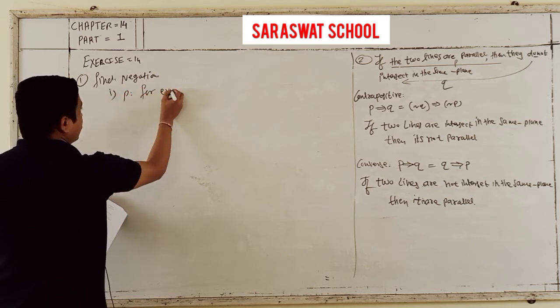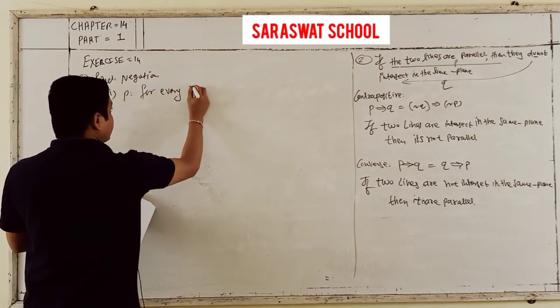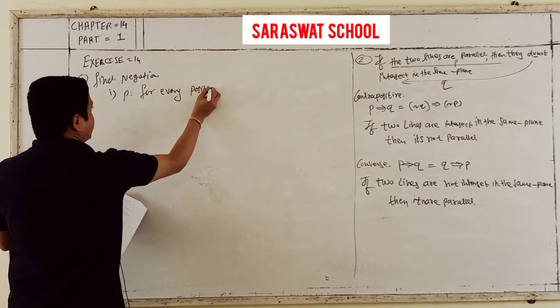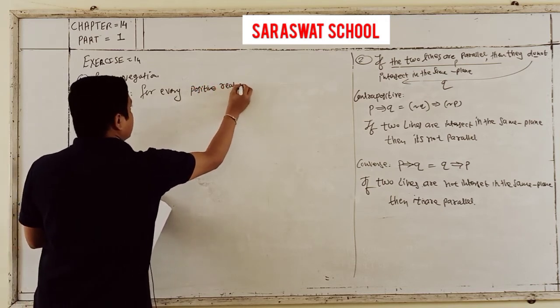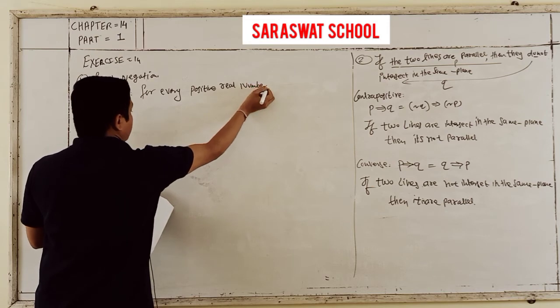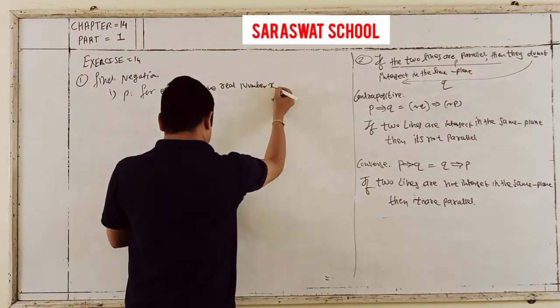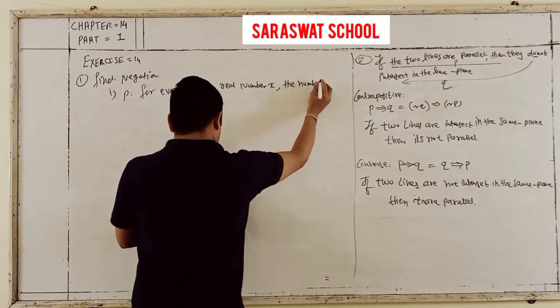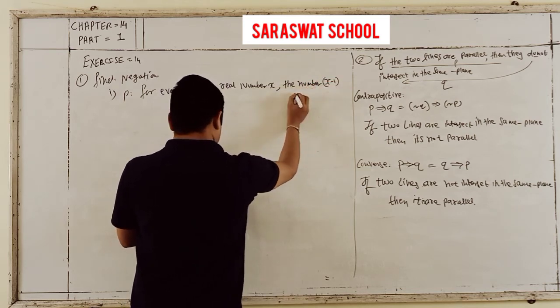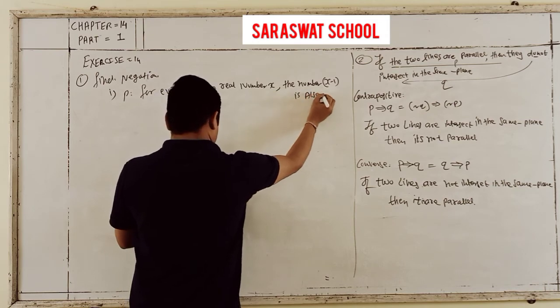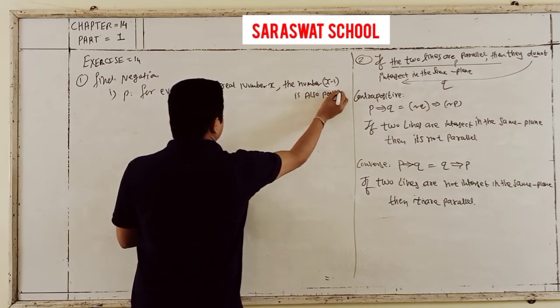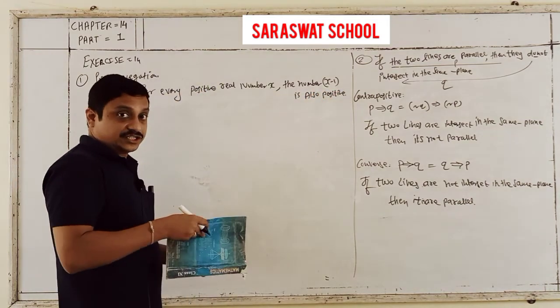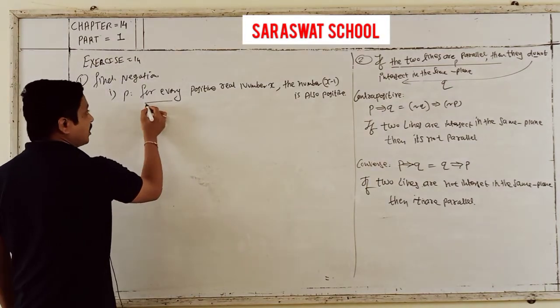First one, P: for every positive real number x, the number x minus 1 is also positive. I will just write down the negation, students. So this changes for every.